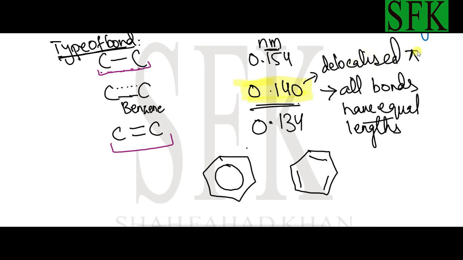Delocalized pi electron density above and below the benzene ring, because it keeps on resonating above all the 6 carbon atoms in benzene. Okay, so this was an important point that we covered.